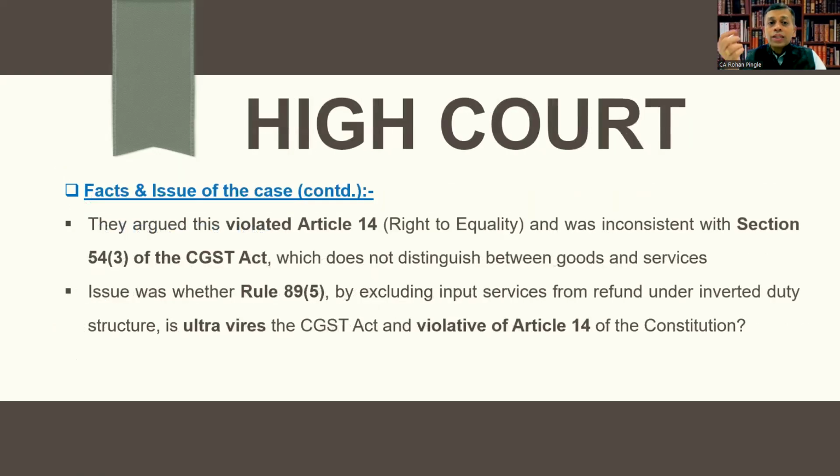They argued this violated Article 14, that is the right to equality, and was inconsistent with Section 54 subsection 3 of the CGST Act, which doesn't distinguish between goods and services.